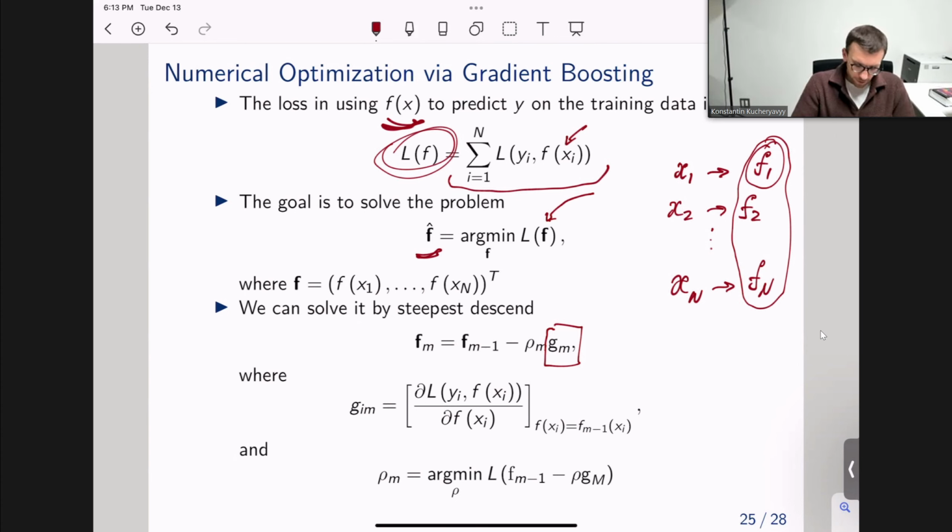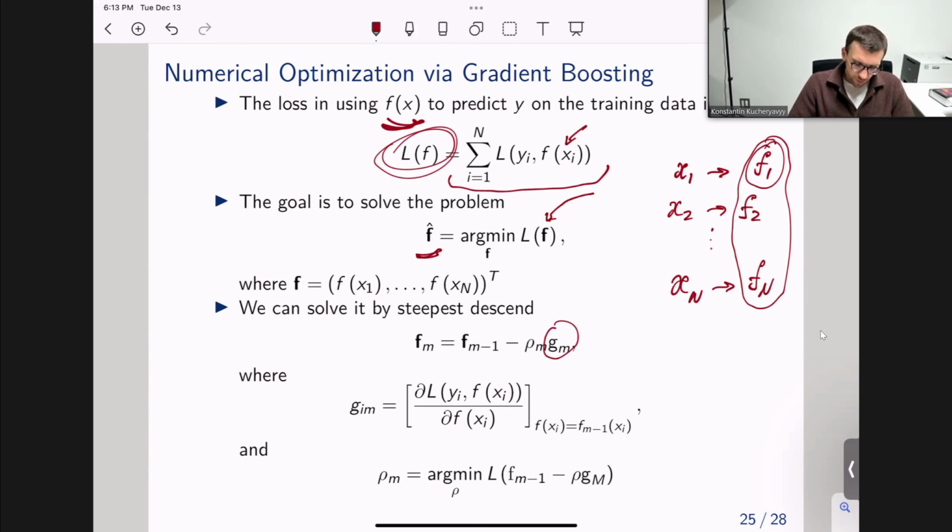Then, in addition to that, we will choose the step in each direction. So the choice of these derivatives will give us a vector g, which is a vector of derivatives.